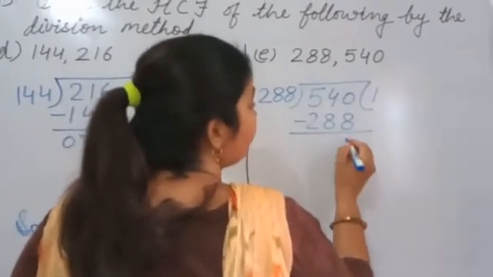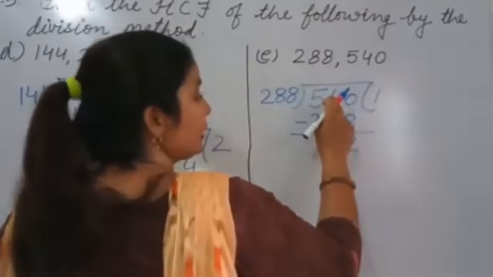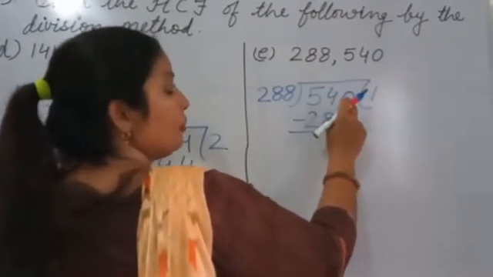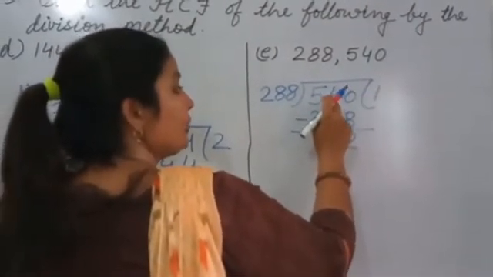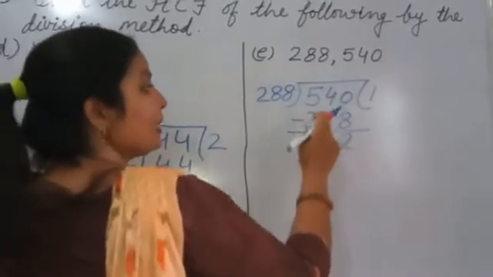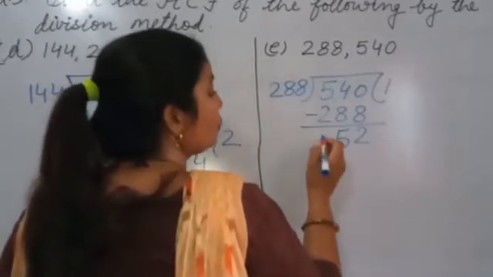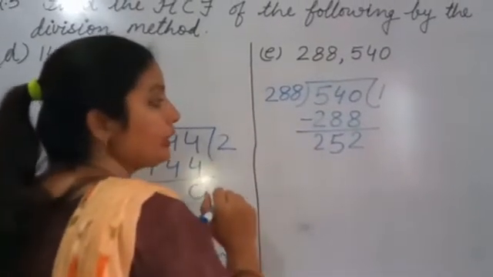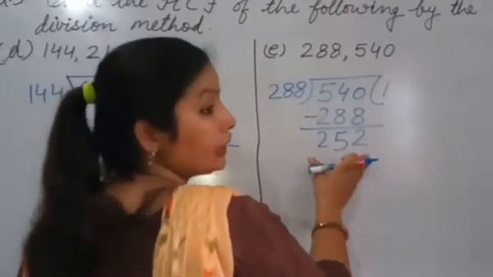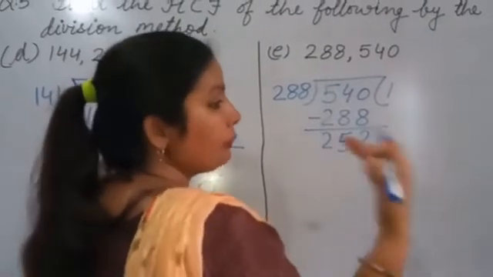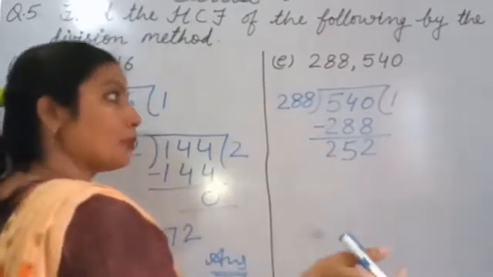10 minus 8 is 2. Now 13, because we have given 1 borrowing, so there is 3 minus 8 we can't do, so 13 minus 8 is 5, and now 4 minus 2 is 2, so 252. We don't get the remainder 0, so again we have to follow the same process.